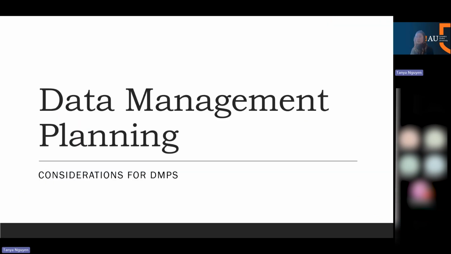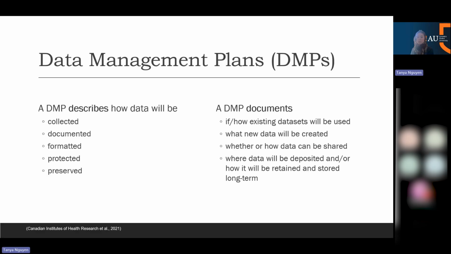Okay, so now we're going to switch gears and talk about what this data management plan looks like in more detail. As we already discussed a little bit, the data management plan is a document that describes how the data is collected, documented, formatted, protected, and preserved.